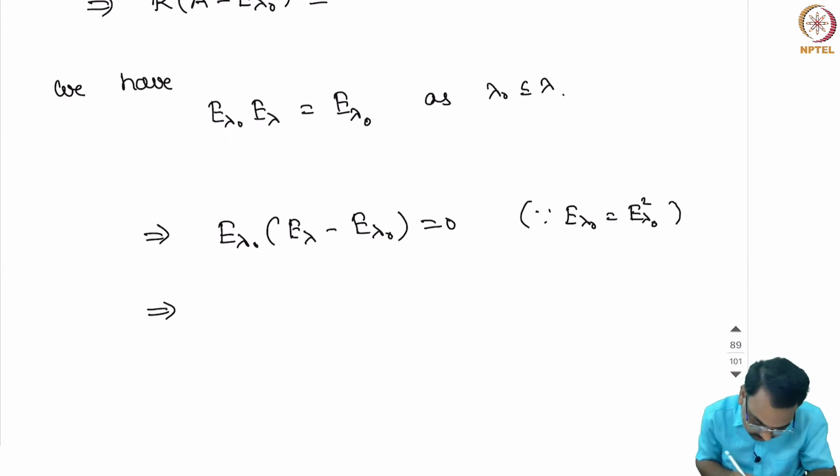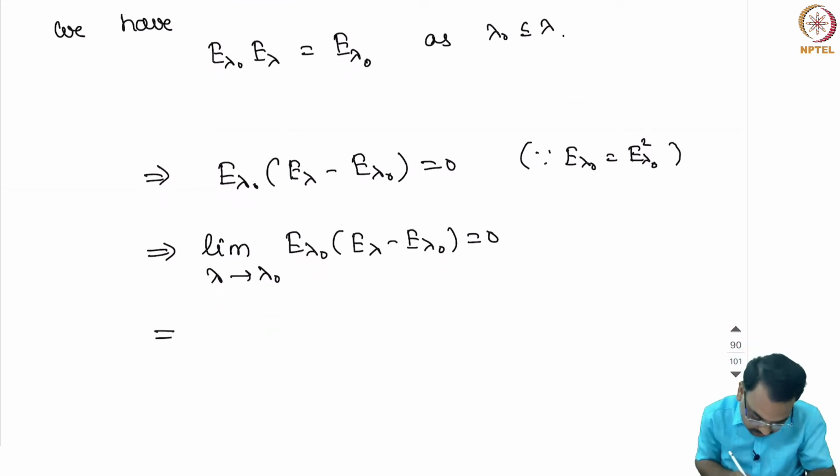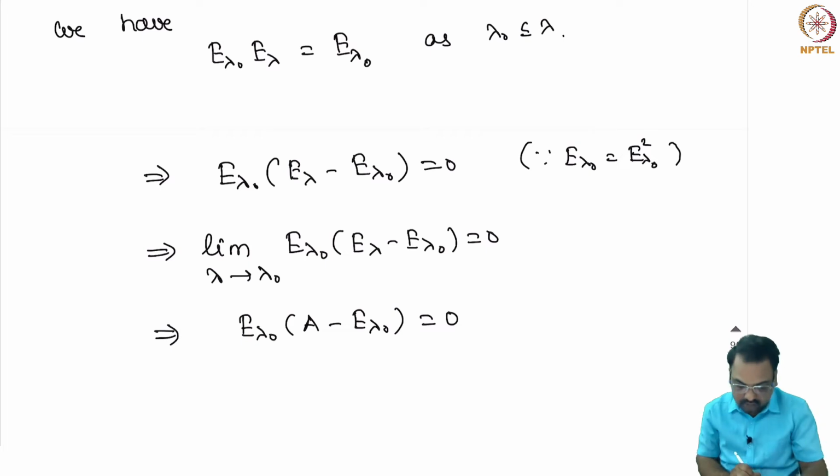So when we take the limit as lambda goes to lambda naught, E lambda naught into E lambda minus E lambda naught is also 0. Now we know that E lambda converges to A. So this implies E lambda naught multiplied by A minus E lambda naught is 0.